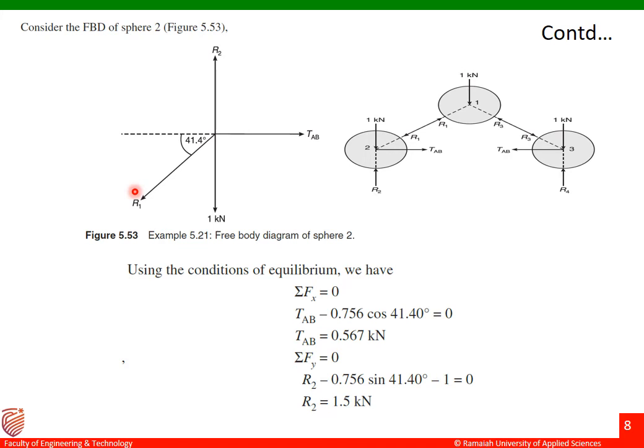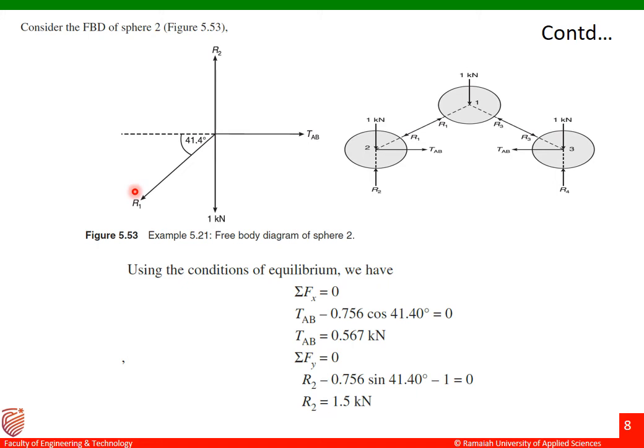Now in the previous slide we had already found the value of R1. It was 0.756 kilonewton. We'll substitute R1 equal to 0.756 in the equation and then we'll get the answer for TAB as 0.567 kilonewton. Okay, so this is how we found the tension in string AB.